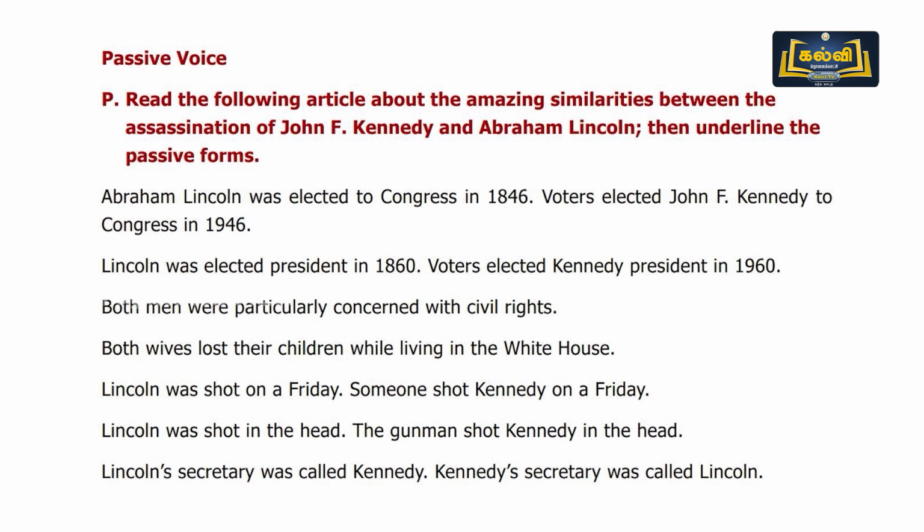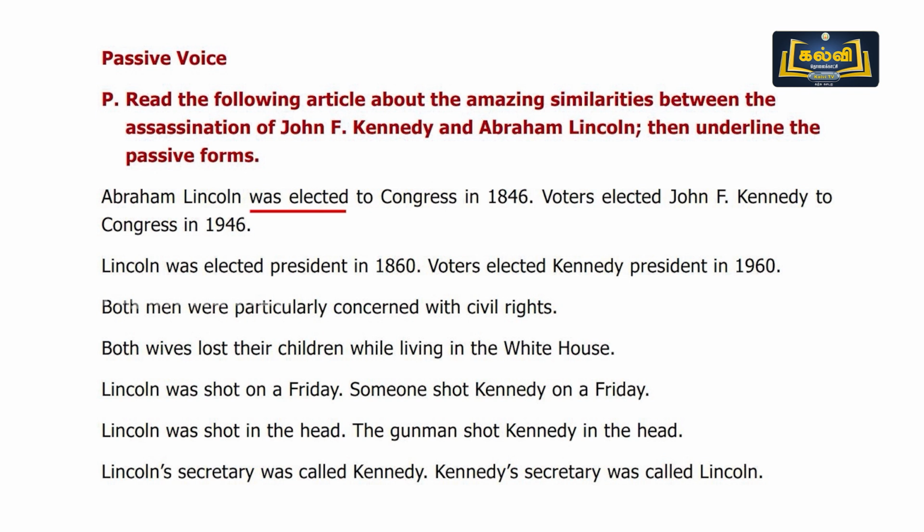Abraham Lincoln was elected to Congress in 1846. Voters elected John F. Kennedy in Congress in 1946. See, in this sentence, Abraham Lincoln was elected. This is the passive form used in this sentence. So, you will underline was elected.